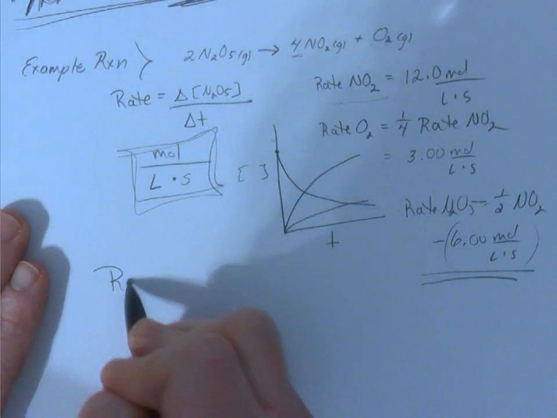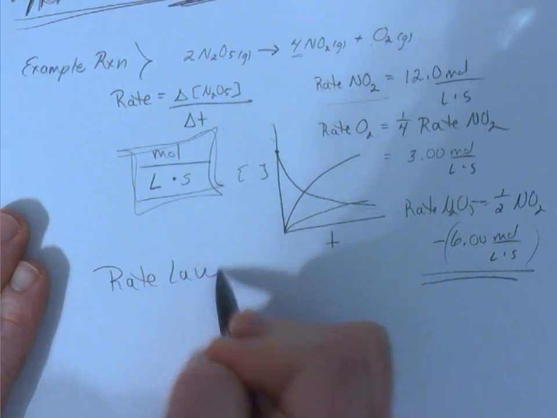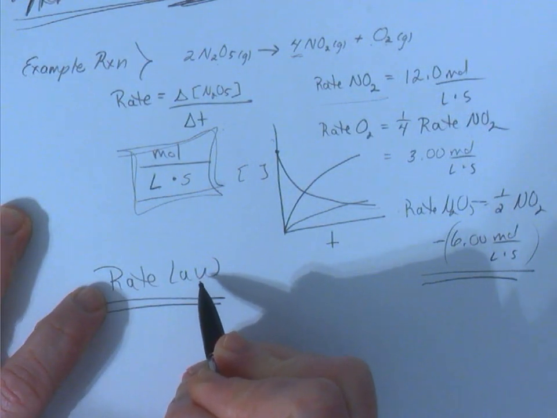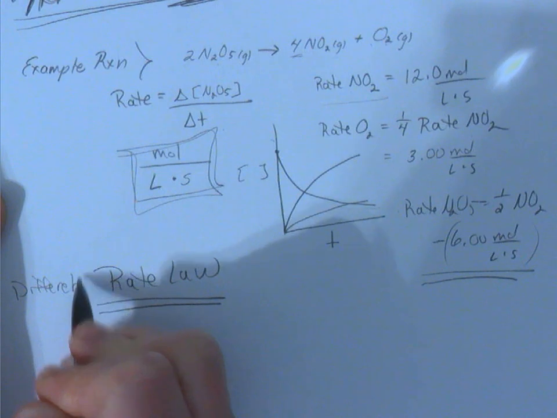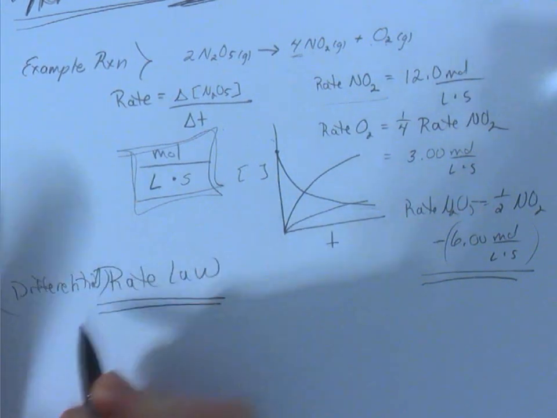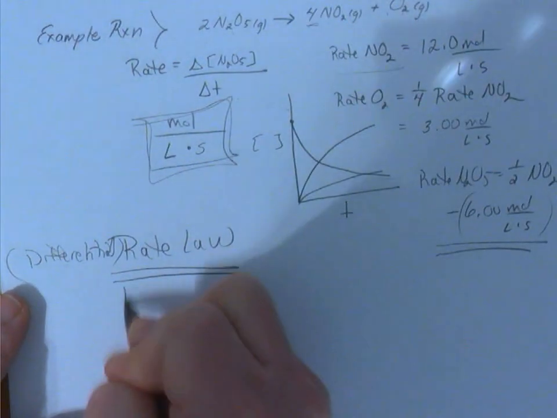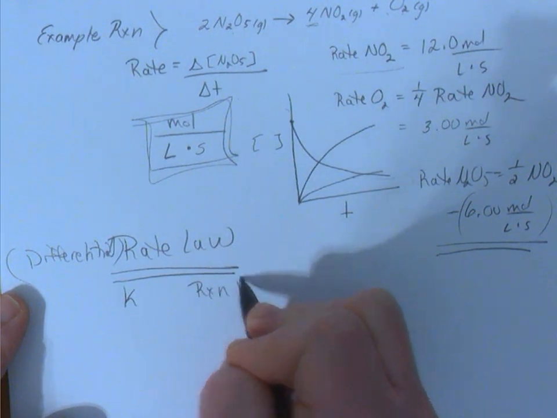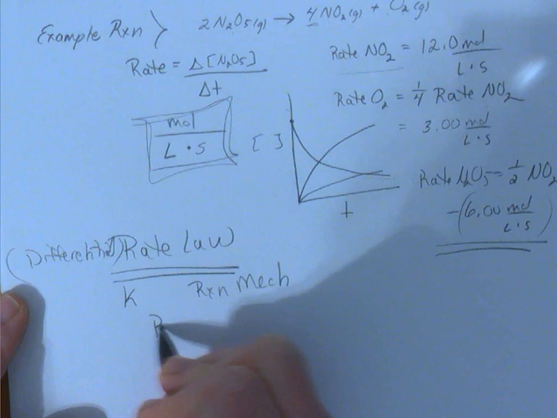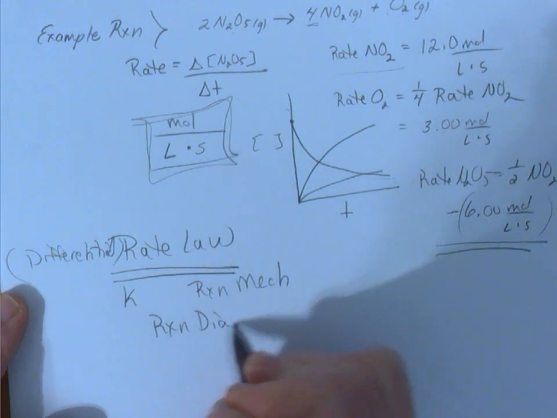This video will also talk about what is a rate law, really the differential rate law, but we usually drop that adjective. What is the rate constant? What about reaction mechanisms? And then reaction diagrams.